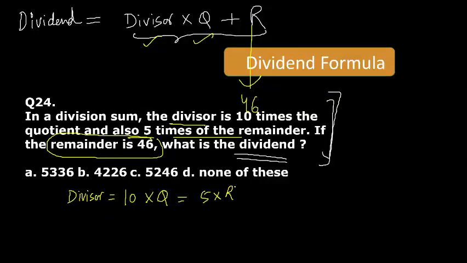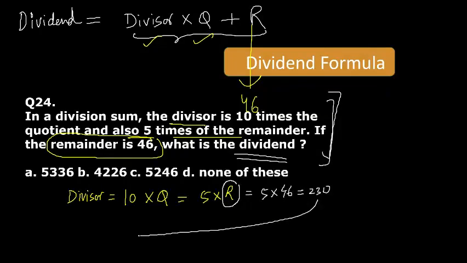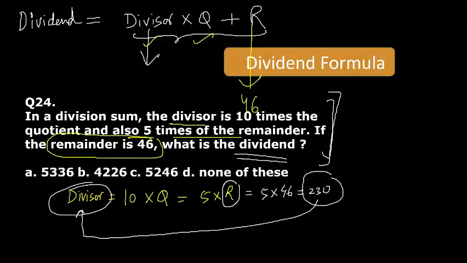Now let's put the value of the remainder here because we know it. So 5 into the remainder 46 gives 230. So we got the divisor, 230. Now we need the quotient only.